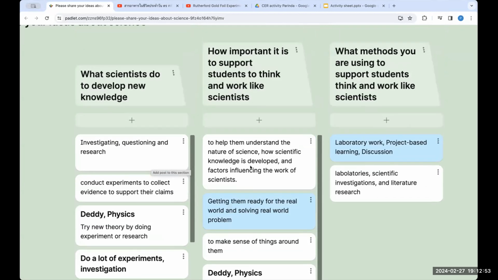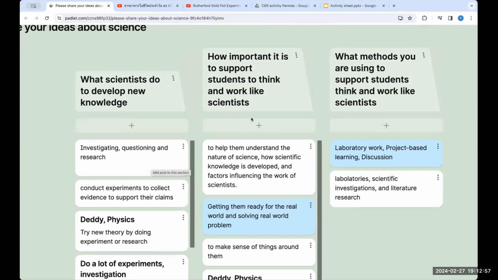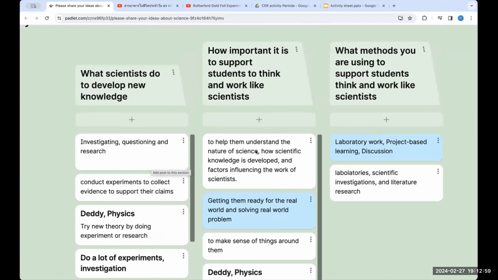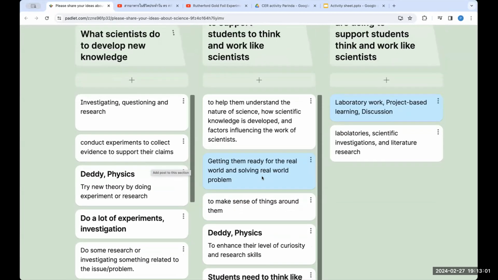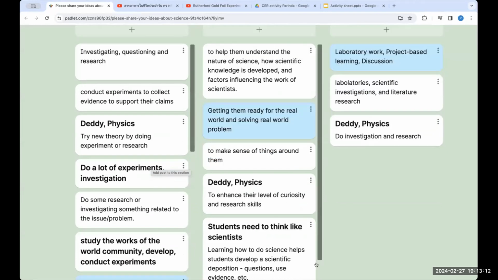And for many of you, you think it is important to support students to think and work like scientists as it helps students understand the nature of science, scientific knowledge, and the factors influencing the work of scientists, getting them ready for the real world, making sense of things around them, and enhancing their curiosity. Very good point.